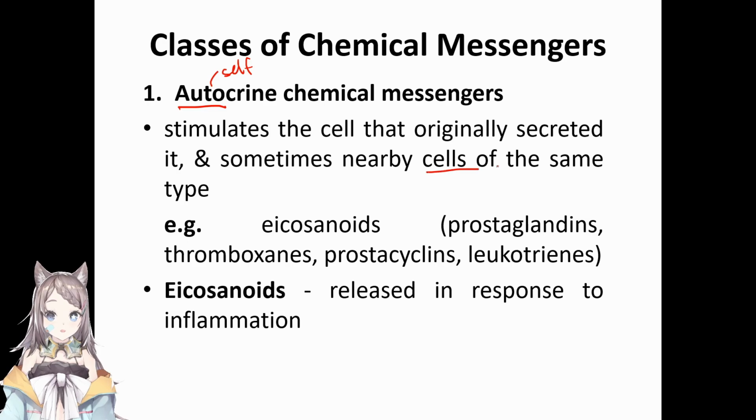So this usually stimulates cells of the same type. Examples are your eicosanoids: thromboxanes, prostacyclins, leukotrienes, and prostaglandins. These are very important chemical messengers for our immune response and for inflammation. Our eicosanoids are released in response to inflammation.